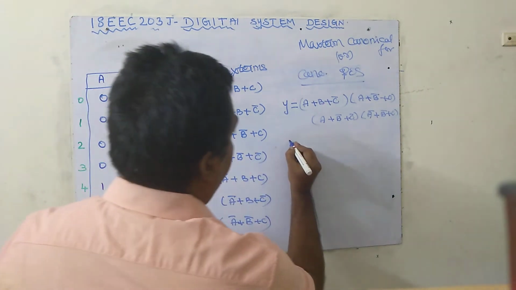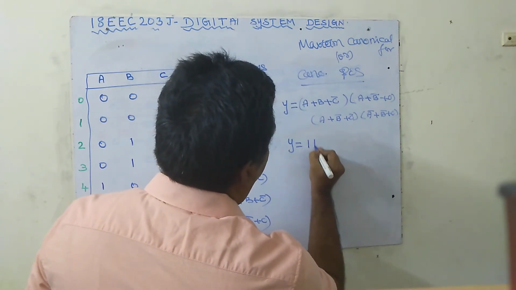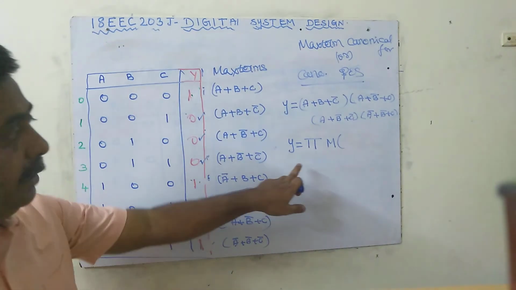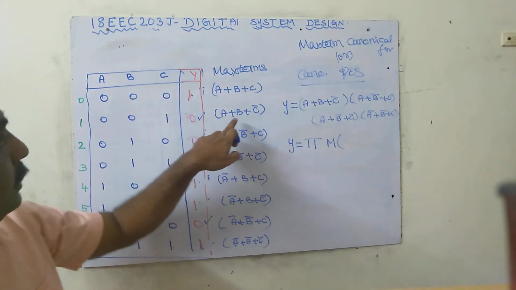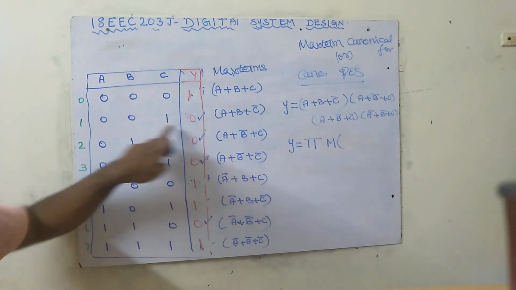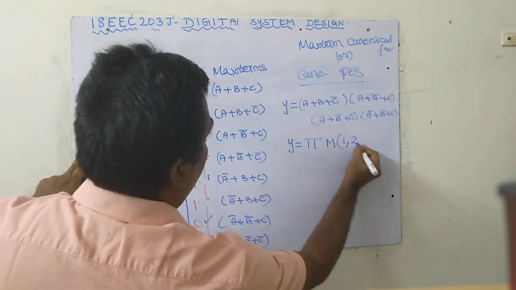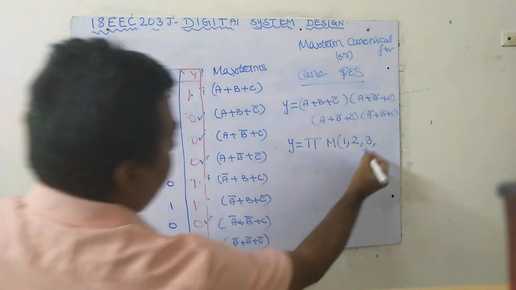How is the max term written? Y equals sigma m for minterms, and pi of capital M for max terms. Here sigma m means minterm, and capital M means pi of capital M. What are the values? Where are the zeros available? Zero is available in 1, next in 2, next in 3, those decimal numbers, and next in 6.